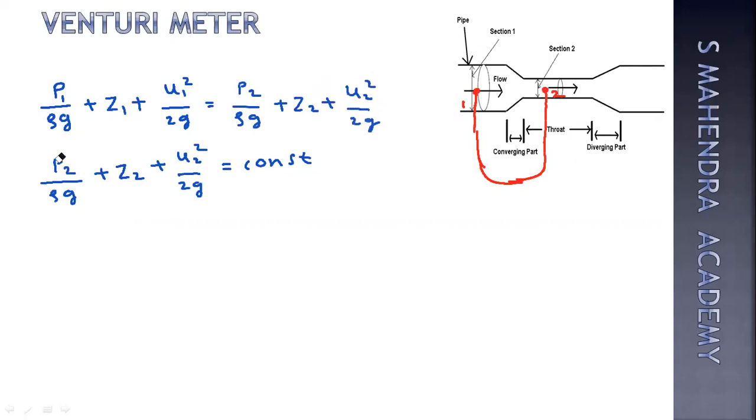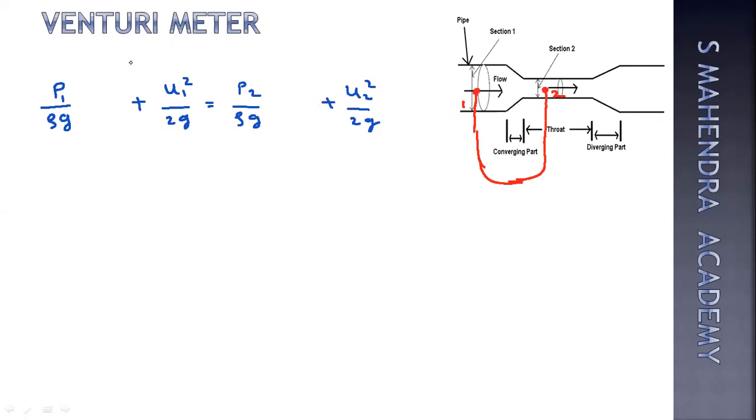As we know, the height of point 1 and point 2 from the datum, Z1 and Z2, is the same. Therefore, these two terms Z1 and Z2 will get cancelled out, and the remaining equation will become P1 upon rho G plus U1 square upon 2G is equal to P2 upon rho G plus U2 square upon 2G.